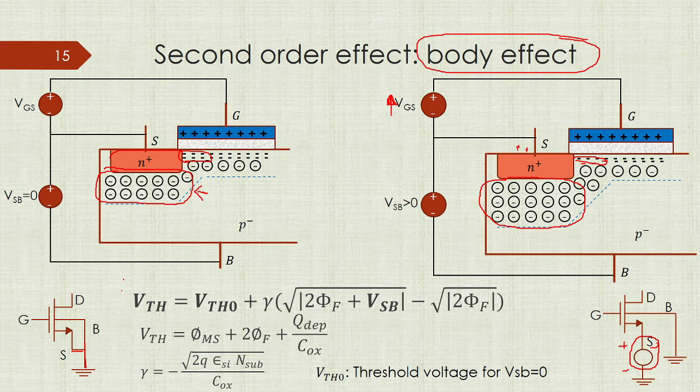Now the threshold voltage will be equal to the initial threshold voltage when the source-bulk voltage is equal to 0, plus a function that depends on the square root of the voltage between the source and the bulk. So as you can see, our threshold voltage will be greater when we increase the source voltage.